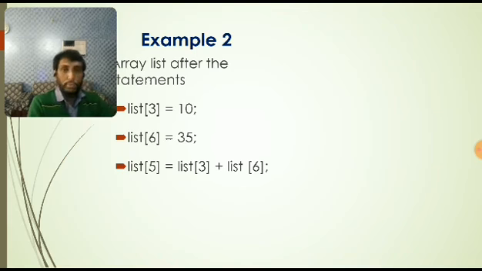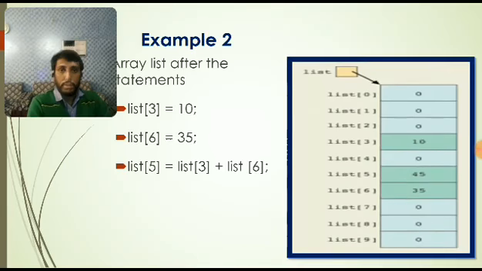So let's look at through this graph how it is being calculated. See, list 3 position, position number 3 is having 10 and position number 6 is having 35, and then we are going to add these 3 and 6, so the value will be 45.